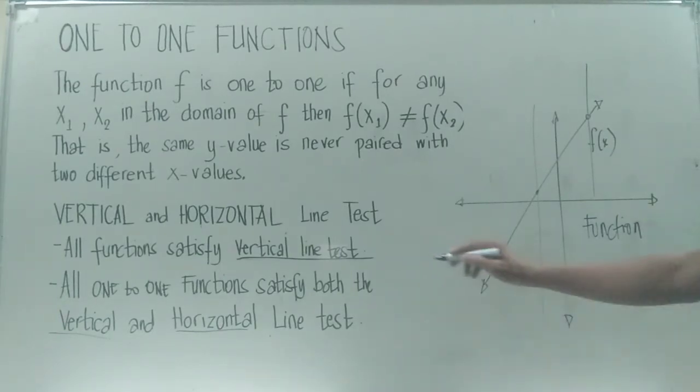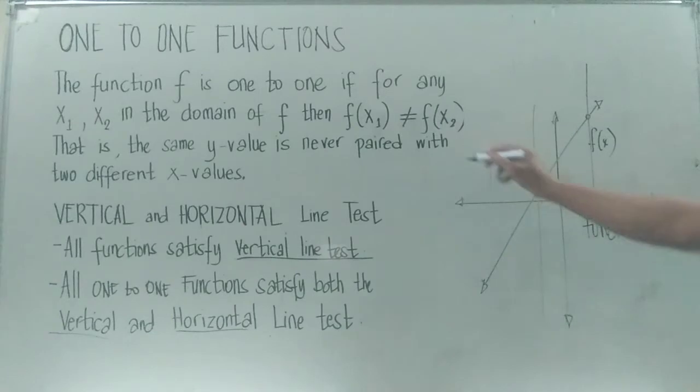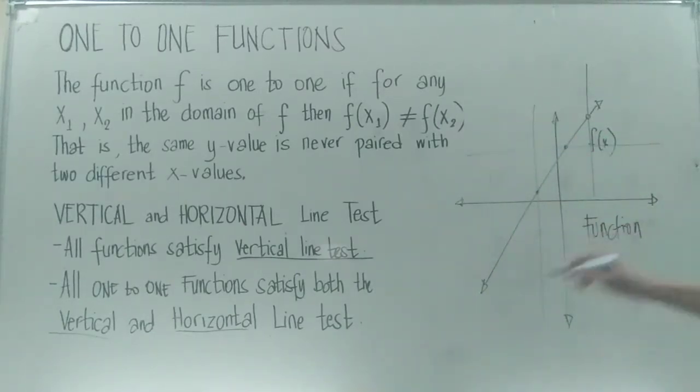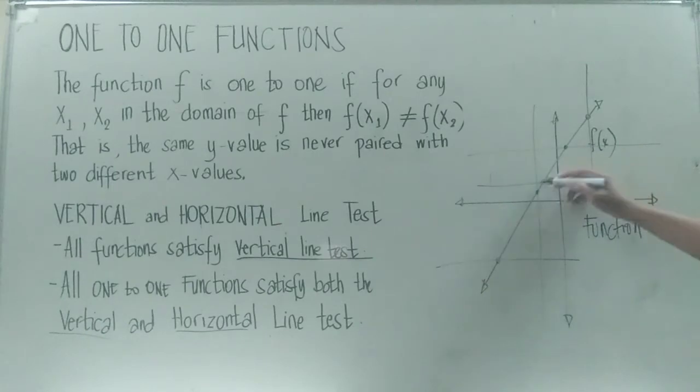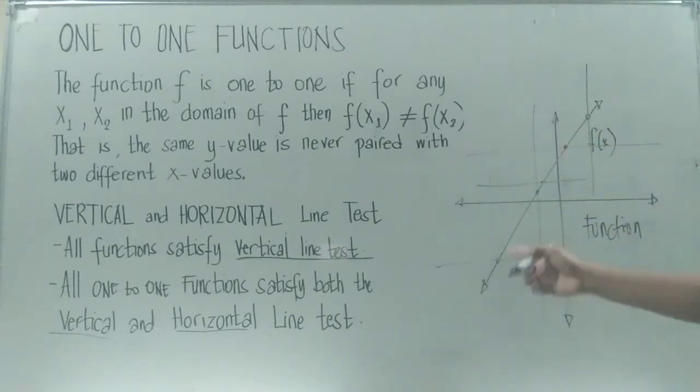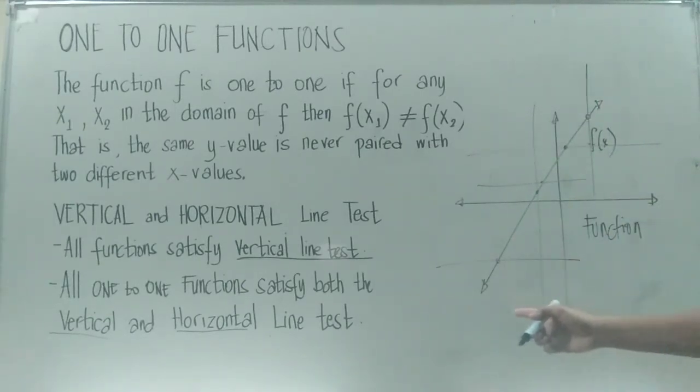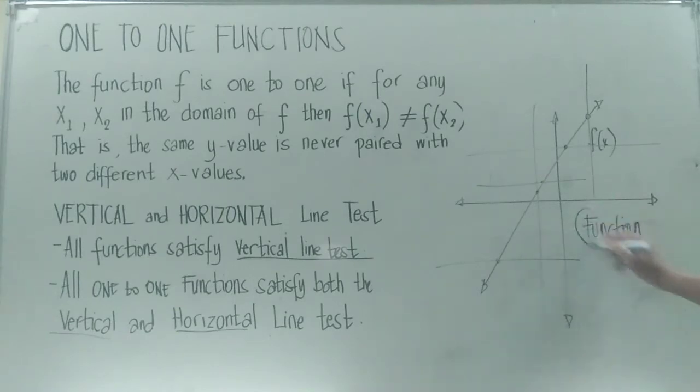If we use the horizontal line test, in here 1 point, in here 1 point, in here 1 point. So anywhere on the graph of f of x, the vertical and the horizontal line tests will intersect at only 1 point. It is a function because it satisfies the vertical line test, and also a one-to-one function because it satisfies the horizontal line test.